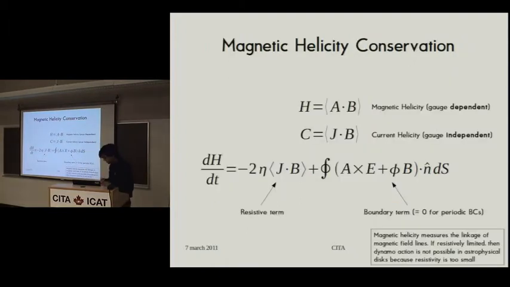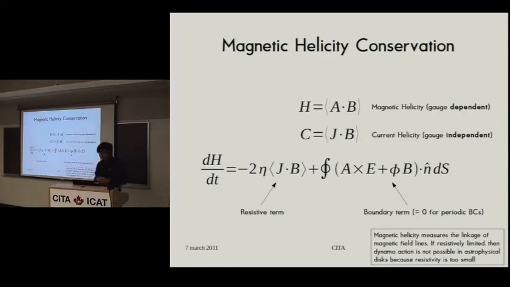So let me just switch gears briefly and talk a little bit about some constraints on the dynamo action. These are generic constraints, so they're actually quite interesting. Magnetic helicity is a measure of the linkage of magnetic field lines, defined as a volume average, which is somewhat important here, of the magnetic vector potential dotted with the magnetic field itself.